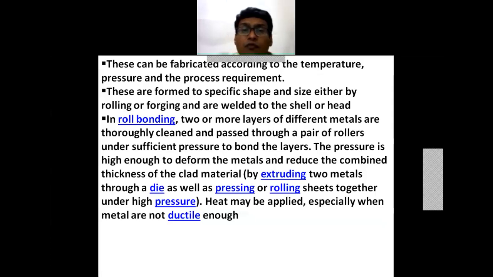That means we are not directly attaching the available pipe. That is the main difference between a formed nozzle and a fabricated nozzle. We are specifically designing this. We are not directly using the available pipes.